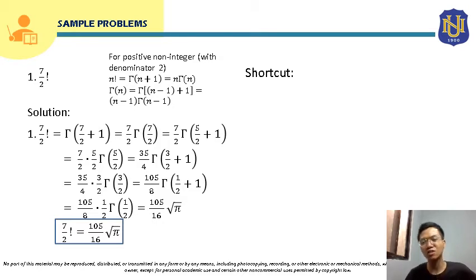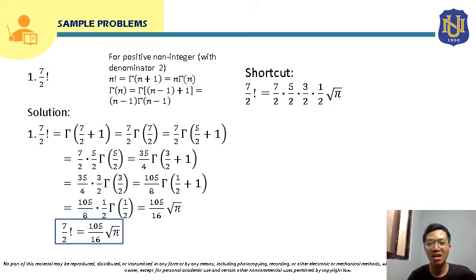Now, we can actually use a shortcut here. As you can see, the first one that we factor out is 7 halves, and then we factor out 5 halves, and then 3 halves, and then 1 half. So we will use that as a shortcut.